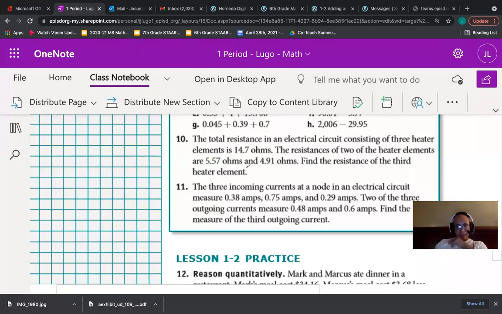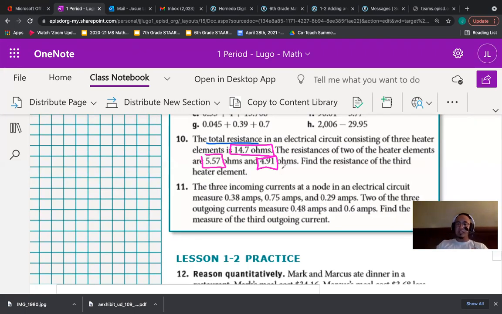Ladies and gentlemen, without getting too complicated, the 3 heater elements together must add up to the total resistance. And they give us the total resistance here. The total resistance is in fact 14 and 7/10 ohms. So that means that if you add the other heater elements, they give us 2 of them, 5 and 57 hundredths ohms, plus 4 and 91 hundredths ohms, plus a third one, we should be able to get 14.7.